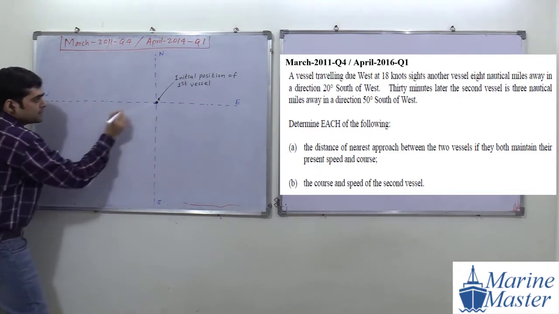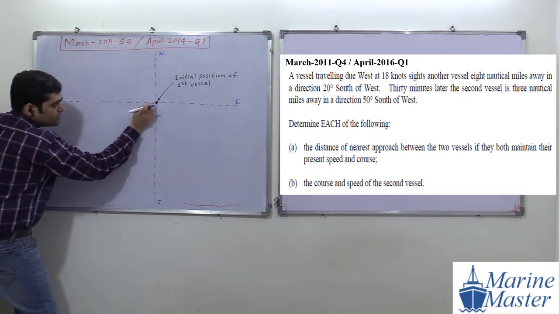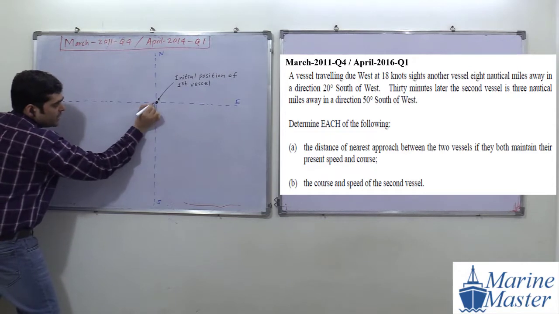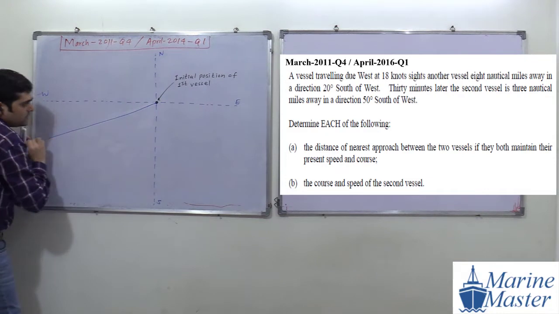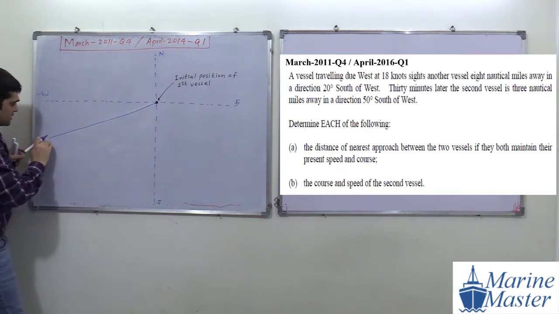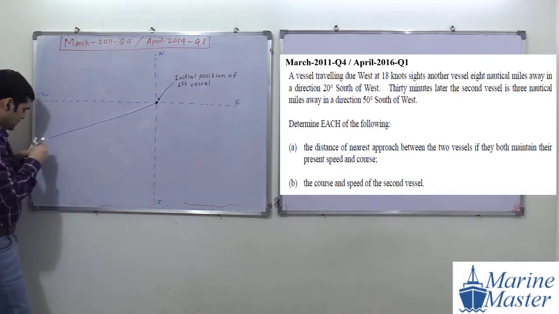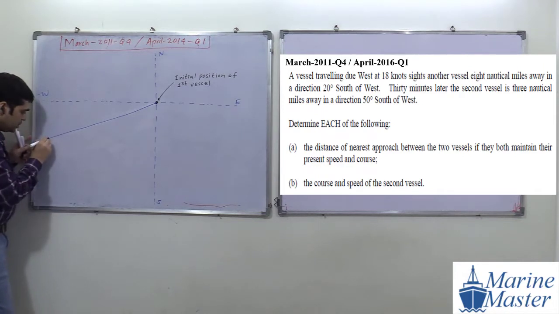One minute, guys. This is a little bit tricky question, so drawing has a crucial role here. So suppose this is the initial position of the first vessel. Everyone try to see the scenario here.